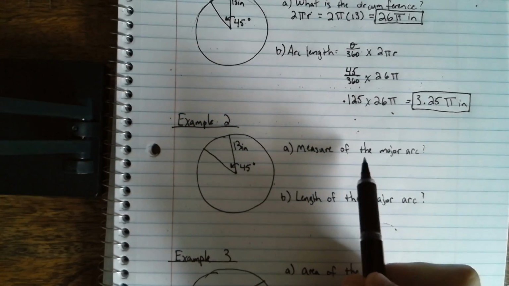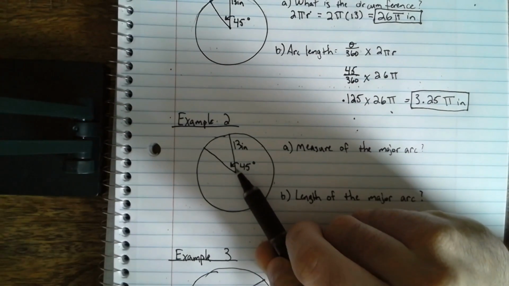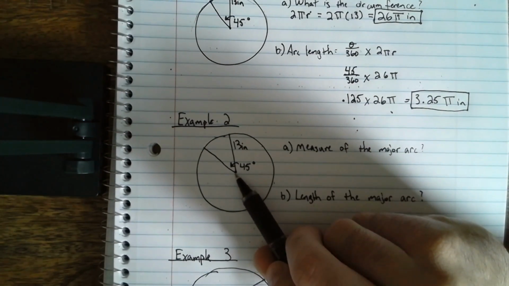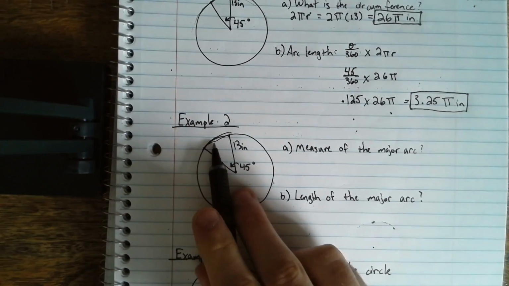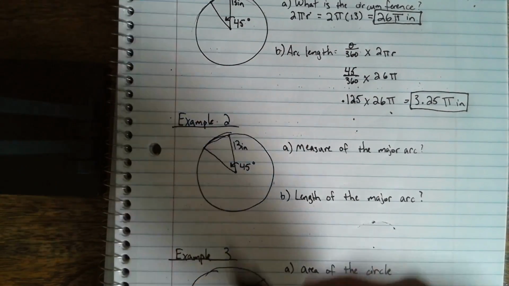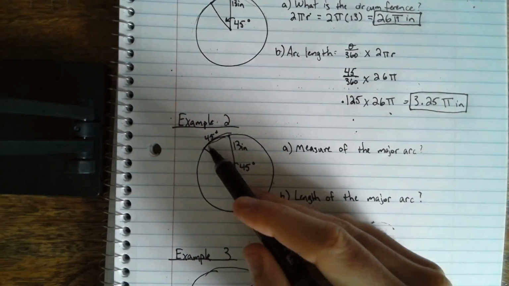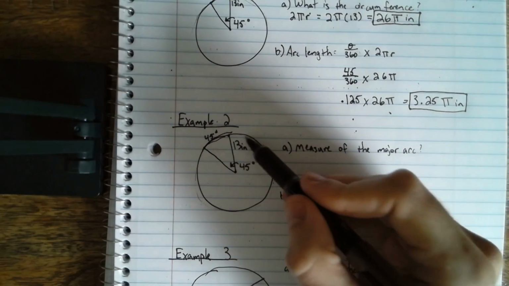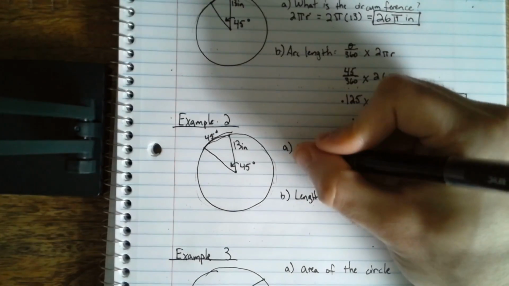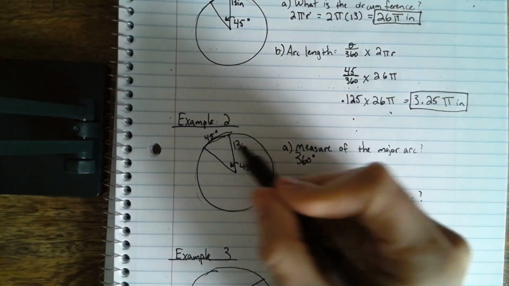So what's the measure of the major arc? Well, the minor arc is equal to the central angle. So the minor arc right here is 45 degrees. So what's the measure of the major arc? Going the long way around, we know that a circle has 360 total degrees of rotation.